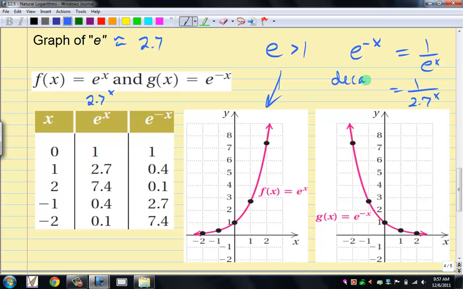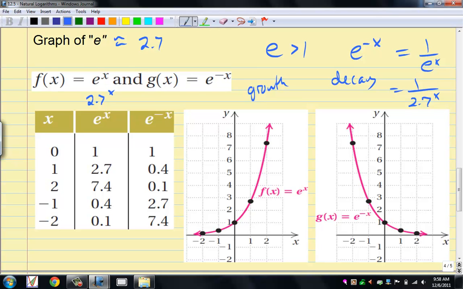So here's decay, and here's growth. So here's using e as a growth function, and here's using e as a decay function. And these are exponential.